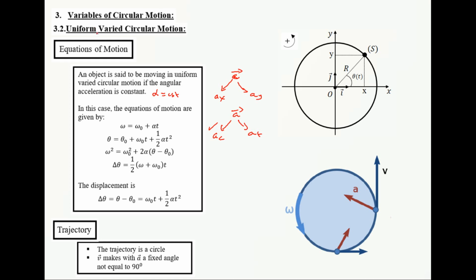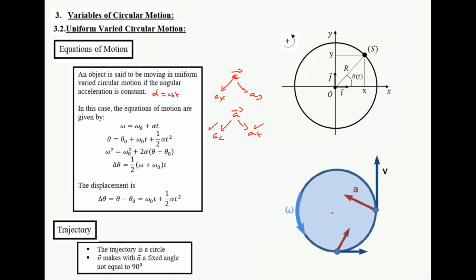And this is the case of uniform varied circular motion. We have angular acceleration, so the speed is changing at a constant rate. So we have a tangential, and in this case V makes a fixed angle, not equal to 90 degrees. Why so?